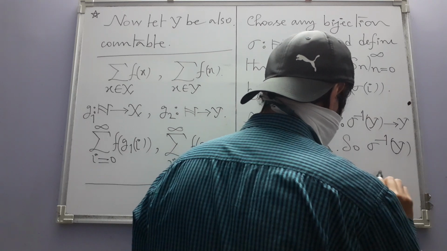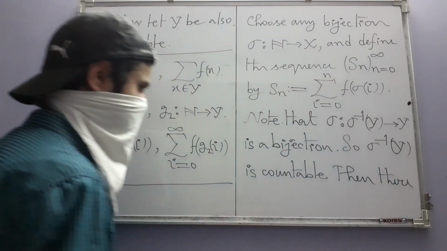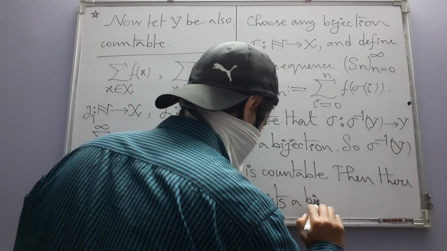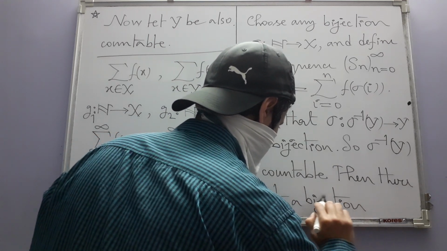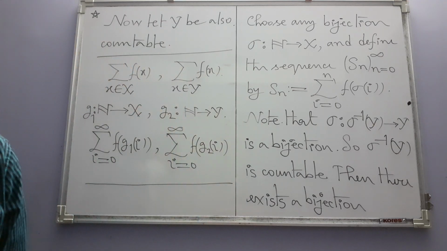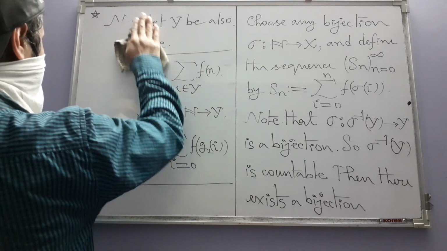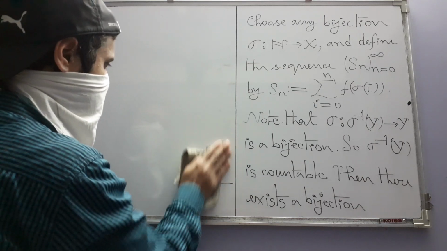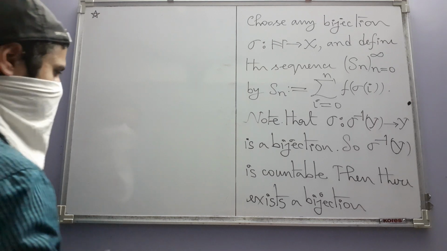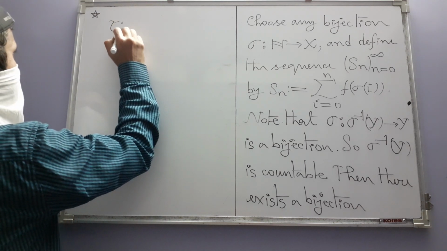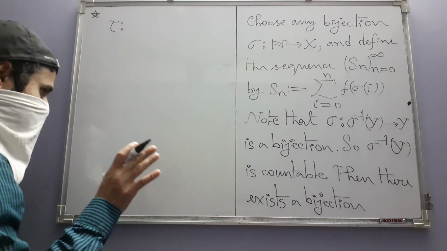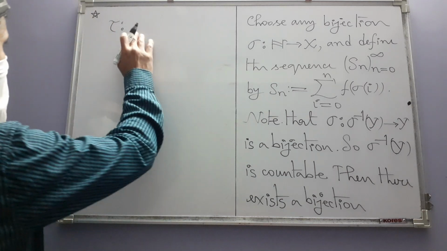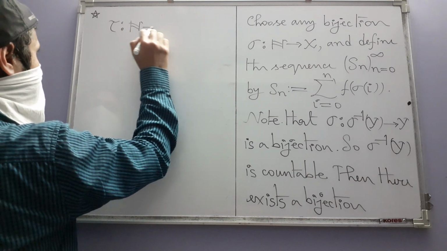This is countable. Then there exists a bijection tau from N into sigma inverse of Y. Okay, this part is a little complicated, I should not make any mistakes.